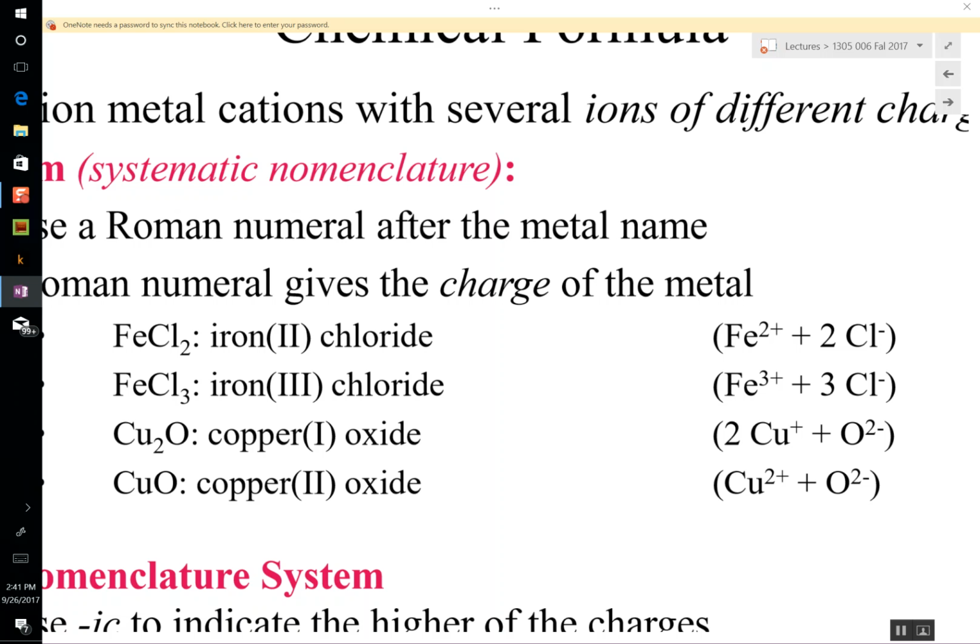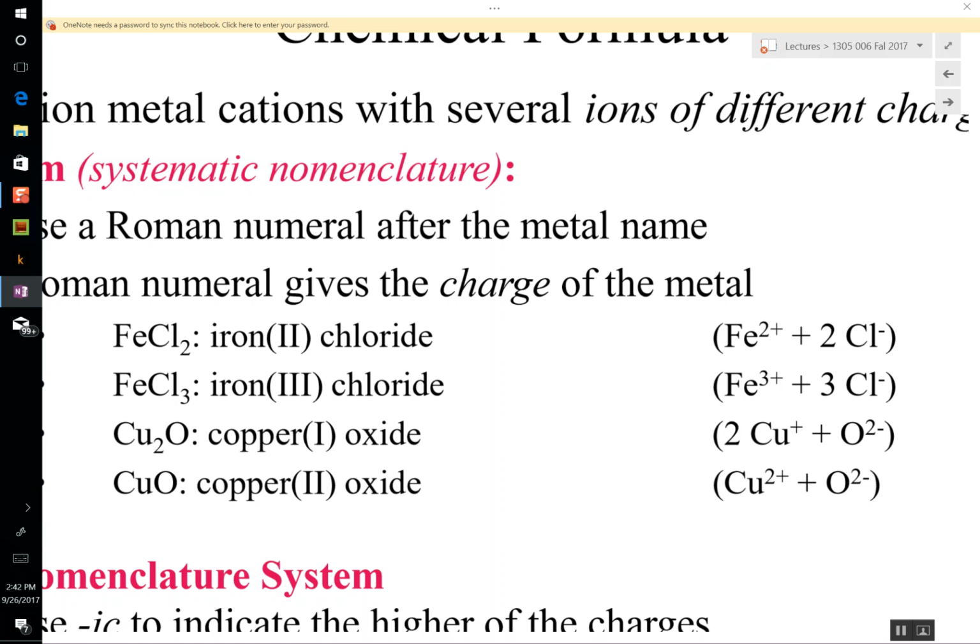So what that is telling me is that this is an Fe+2 ion. Chloride is always what? What's the charge on chloride? -1. See, this is telling me that, which goes here.